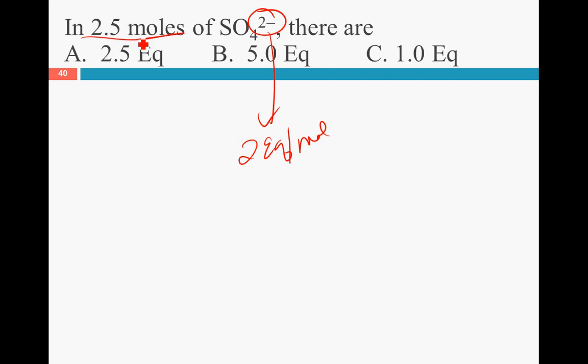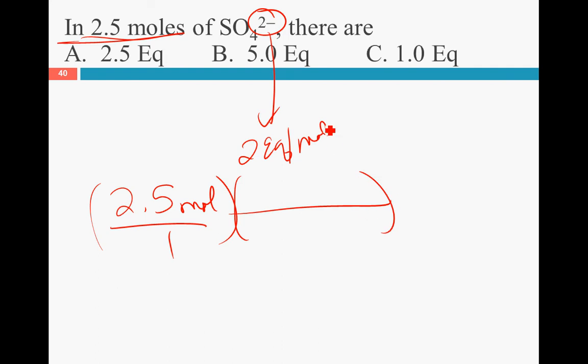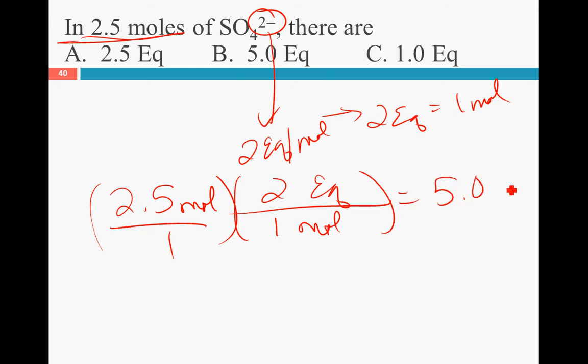If we have 2.5 moles of it, how much of the charges do we have? Well, you're going to set it up just like a conversion factor. 2.5 moles over 1. We have moles on top. This becomes a conversion factor of 2 equivalents is equal to 1 mole. That means we're going to put 1 mole on the bottom and 2 equivalents on the top. So 2.5 times 2 is 5.0.